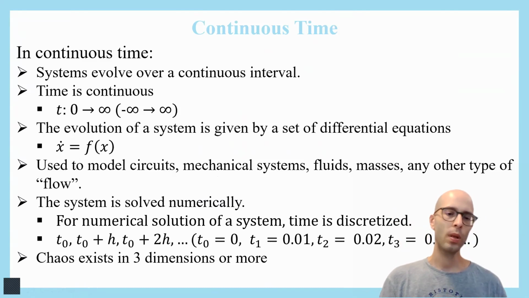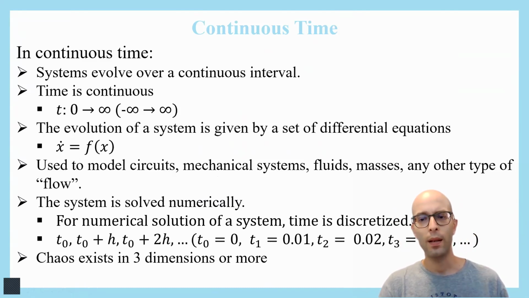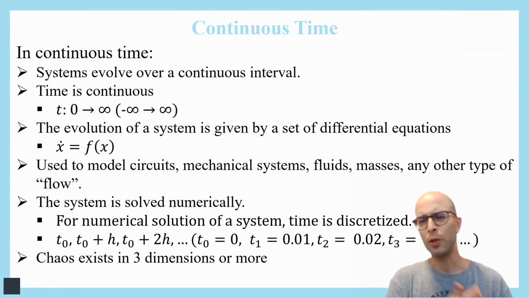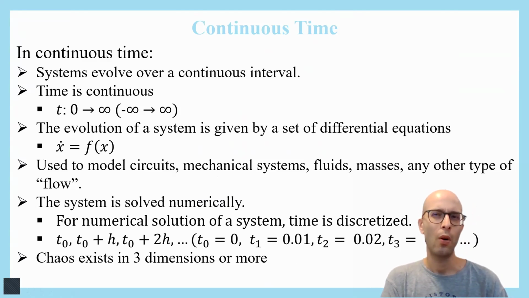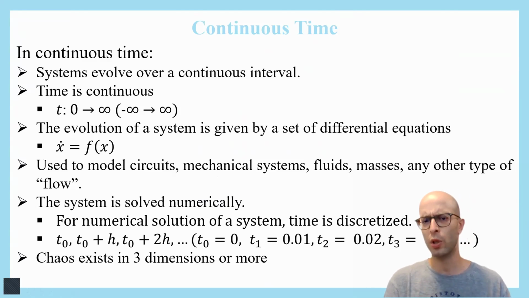Continuous time systems usually model circuits, mechanical systems, fluids, masses, or any other type of what we would call a flow. Discrete time systems, for example, we mostly use to model economic systems or biological systems. Of course, this is not exclusive; we may model continuous time economic systems as well.